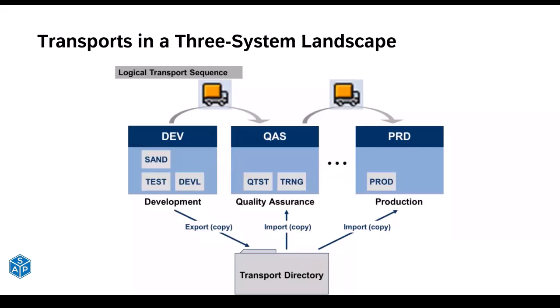After creating a TR, you can import that TR into the next system, that is your quality system. After you have tested in quality, you can move the same TR to your production system if it is approved. For example, you create one change in development, it is moved to the quality system, but it is not approved. Again you make some changes in development, move the TR to quality, and test it, and you find one more correction remaining.